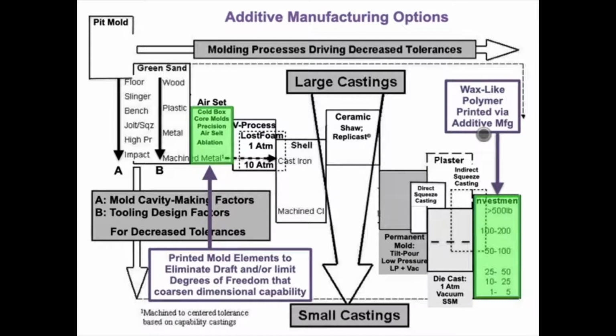So printing a quick cast SLA pattern or a PMMA wax-like pattern eliminates any small draft offset and eliminates the dimensional allowance for wax contraction. In addition to being faster than building traditional aluminum tooling for wax patterns, there's a small dimensional accuracy benefit as well.